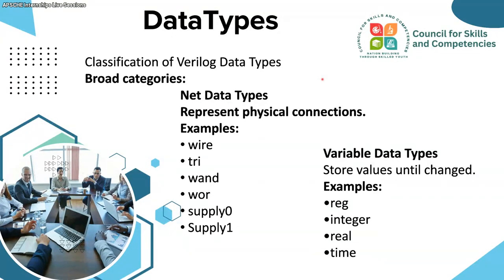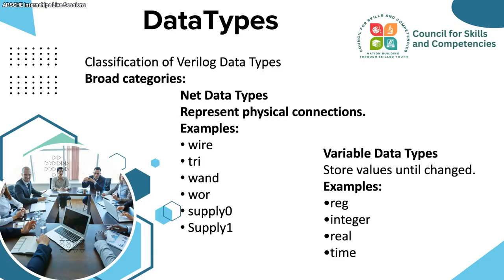For example, wire: you can use it as a data type, and then you can assign a variable to that, and using that identifier, you can use it for any logical architecture.